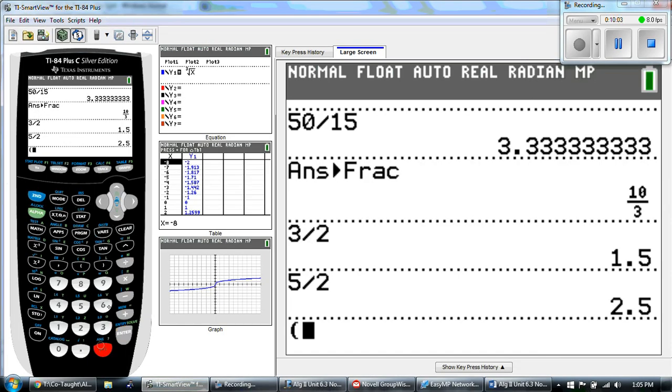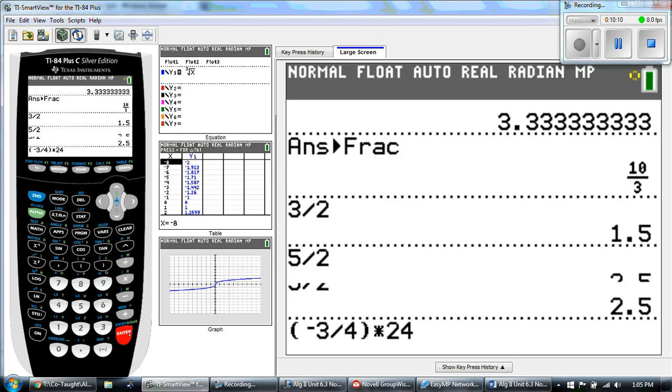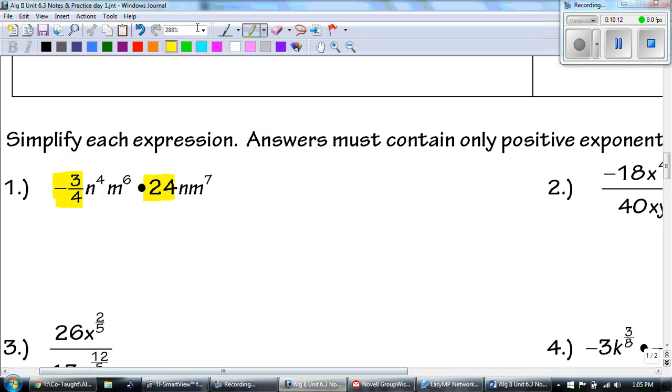What is negative 3/4 times 24? And that gives us negative 18. Now, alphabetical. I'm multiplying, so I add the exponent. 6 plus 7 is 13. And then I have n to the 4th. And remember, if it's just an n there, that means there's 1. So that's n to the 5th.